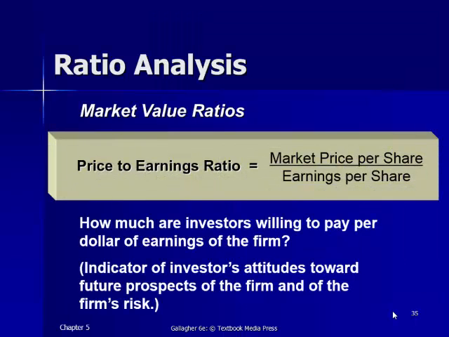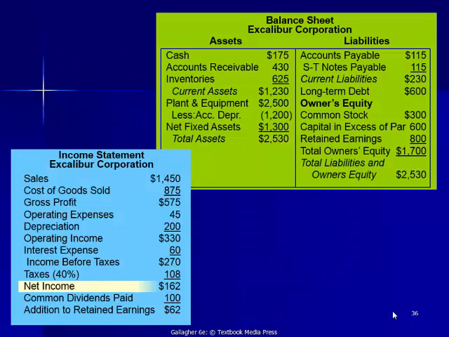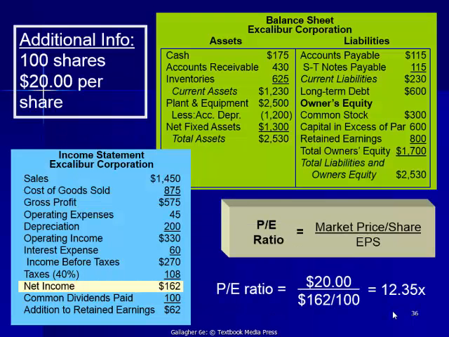Let's move on to our market value ratios. The price to earnings ratio, more typically referred to simply as the PE ratio, is the market price per share of the stock, which is given here as $20 per share, divided by the earnings per share. So we take the net income and divide by the number of shares outstanding.